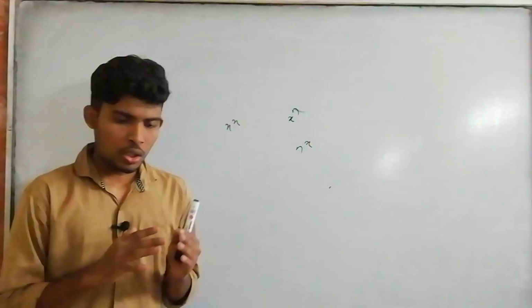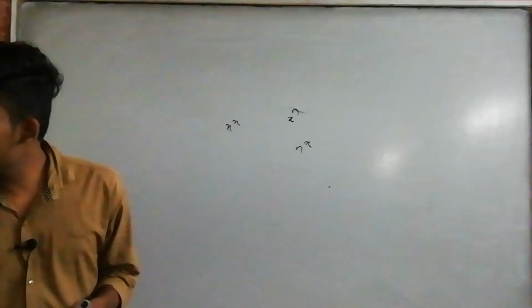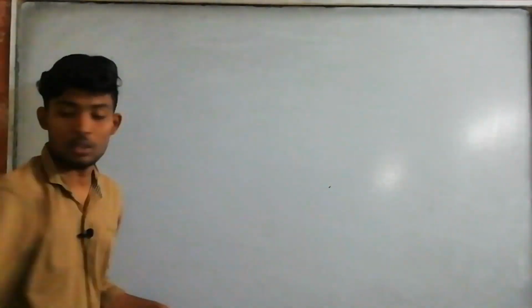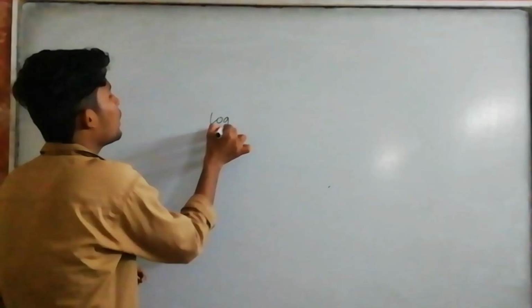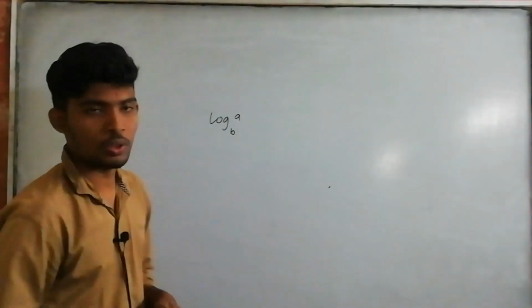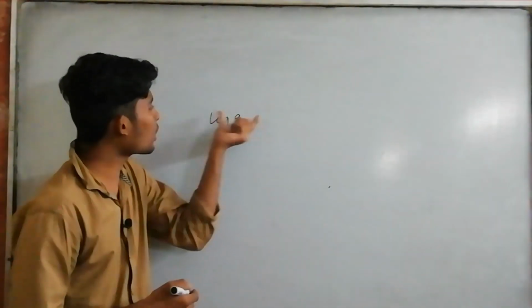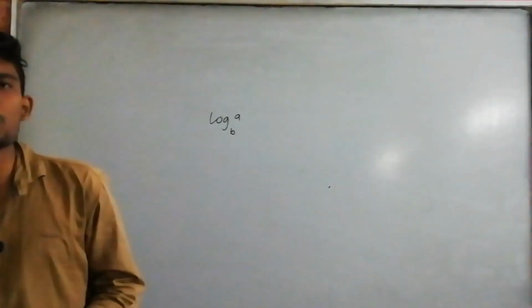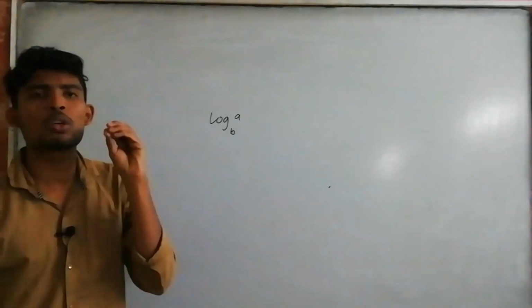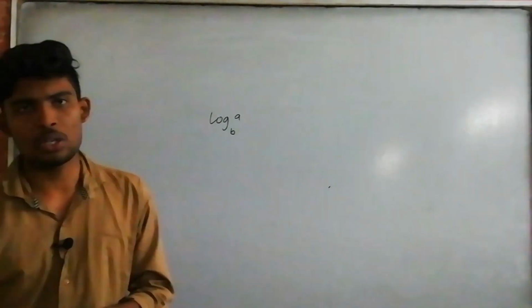Generally, you write log a base b, and you read it as log a base b. Then you have to use two types of logarithm, that is common logarithm and natural logarithm.